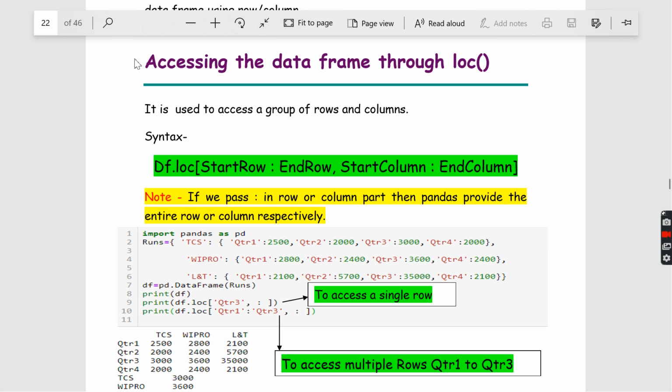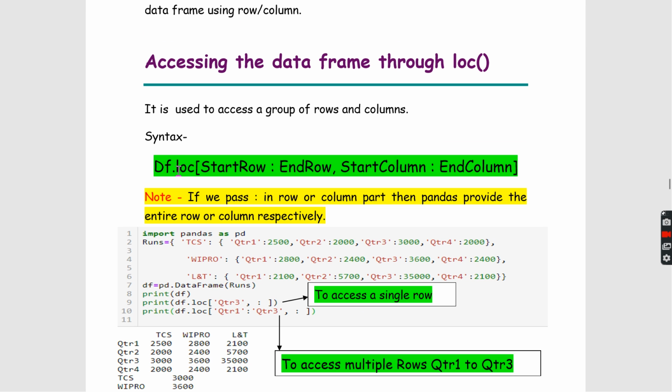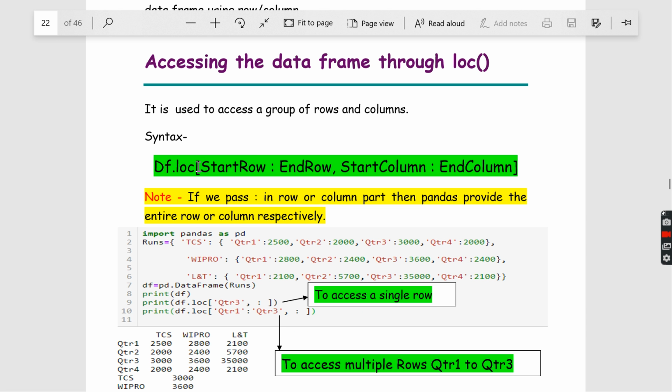Okay, so how to now access data frames through loc. Now loc is like a slice only, slicing of elements from arrays, a list. Everything has been seen last year, and this year also we are dealing with that, right?